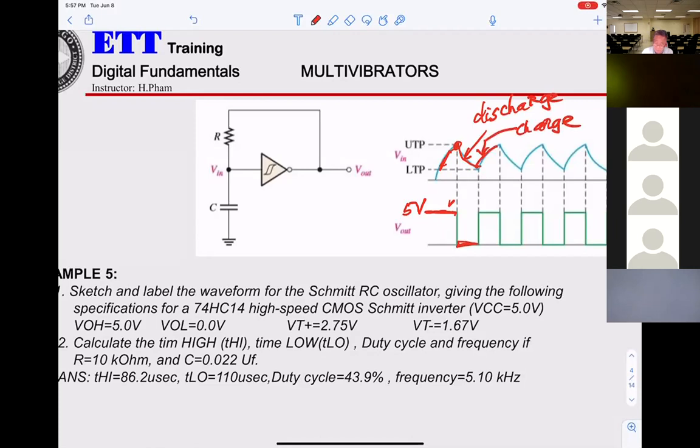Okay, so you know which one will be discharge and which one will be charging. Basically, the low threshold point here is 1.6 and this is 2.75.